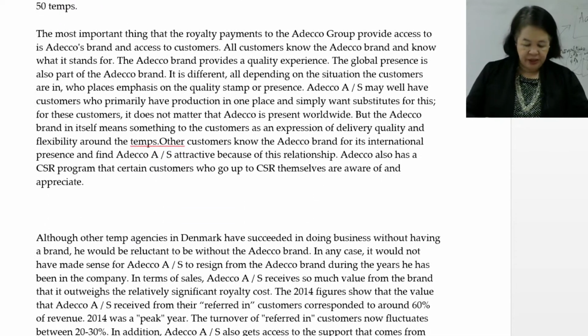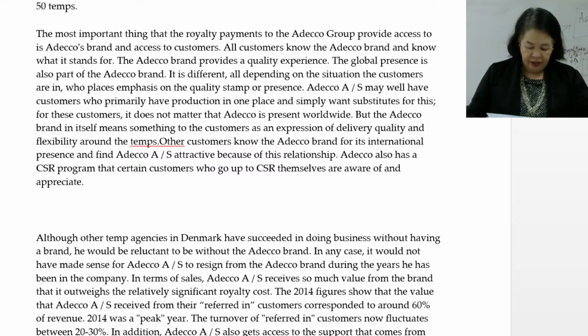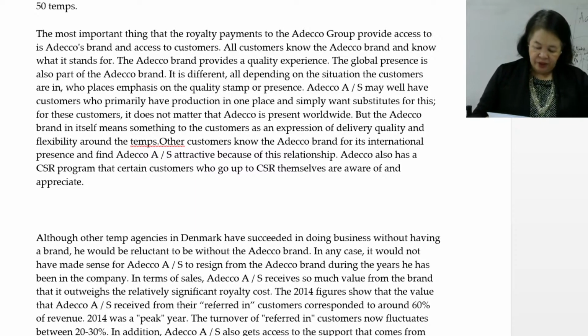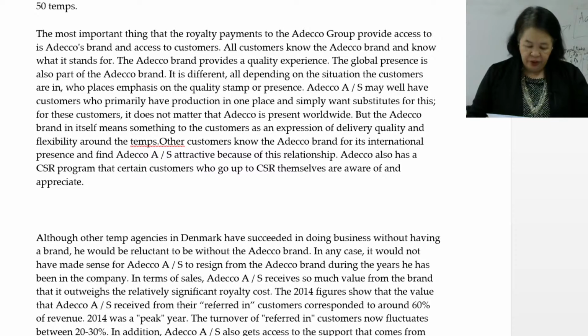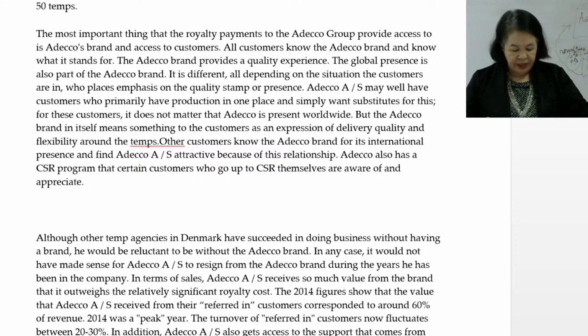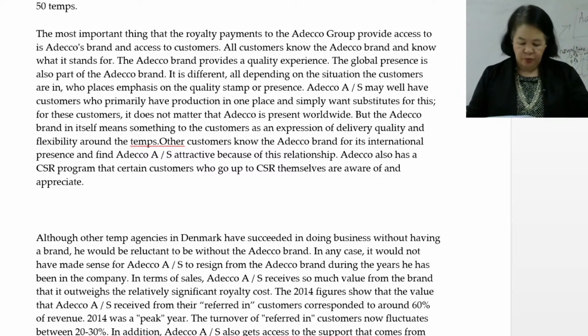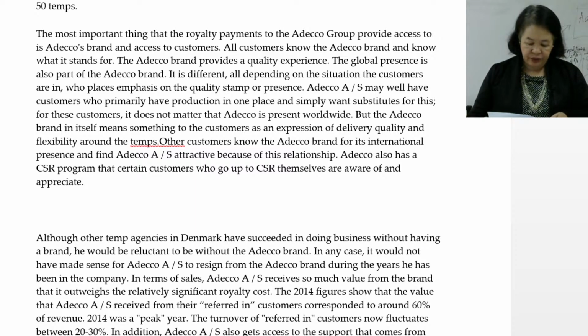The global presence is also part of the Adecco brand. It is different all depending on the situation the customers are in. Who places emphasis on the quality stamp or presence? Adecco AS may well have customers who primarily have production in one place and simply want substitutes for these customers.